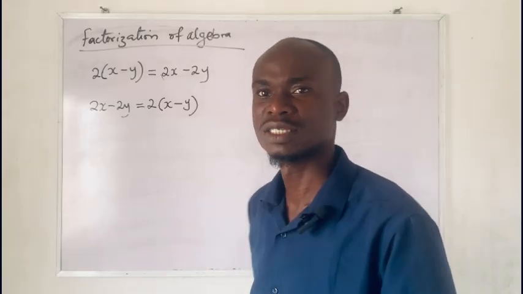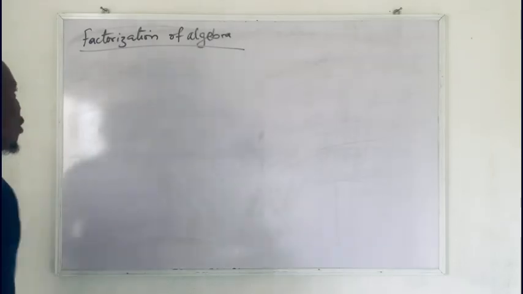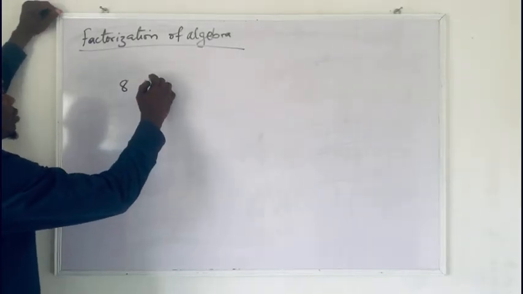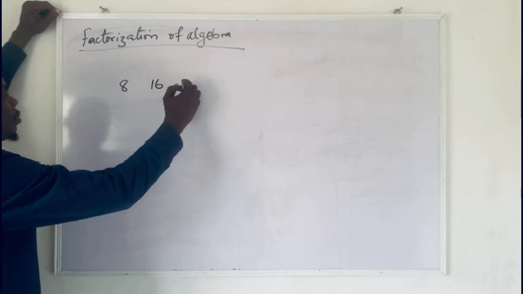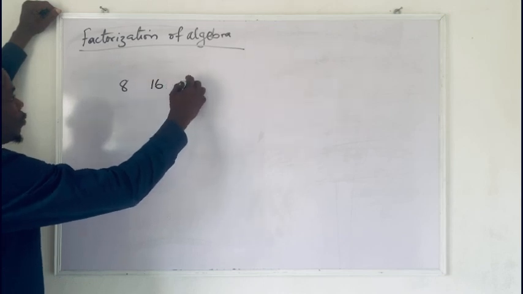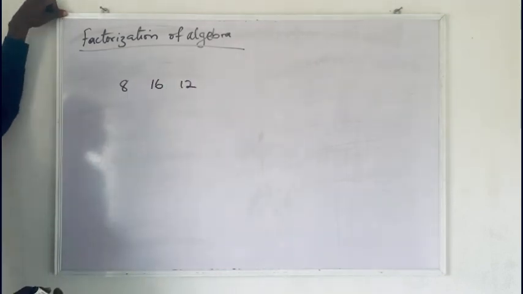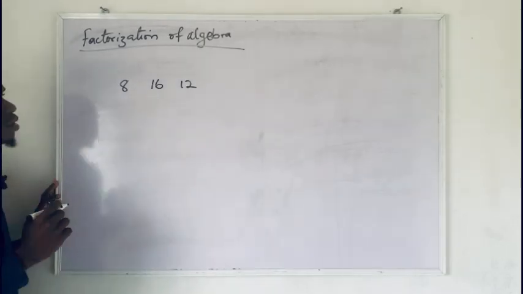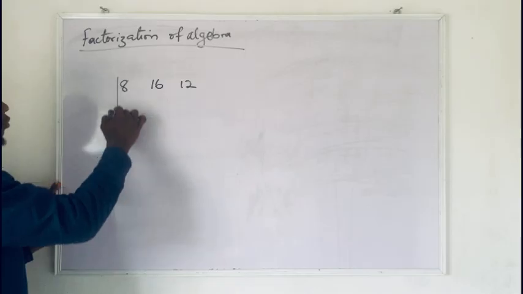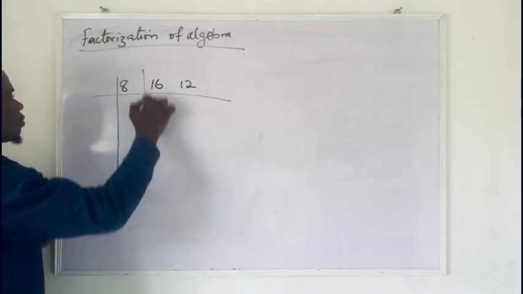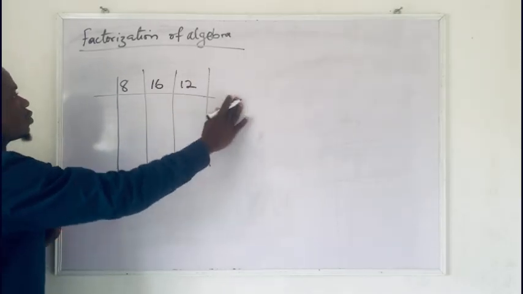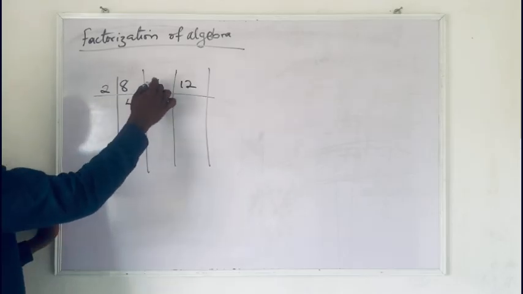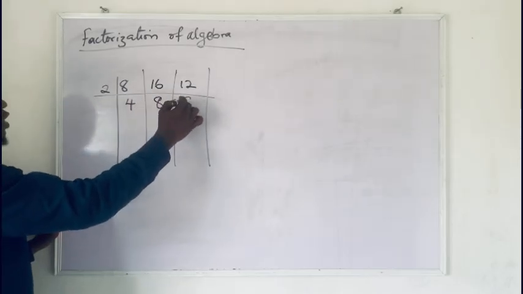So let's go and see how to find HCF. Let's say I'm giving 8, 16, and 12. In finding the HCF, I will need numbers that can divide the three terms, starting from the lowest number. 2 can divide 8, 2 can divide 16, 2 can divide 12.